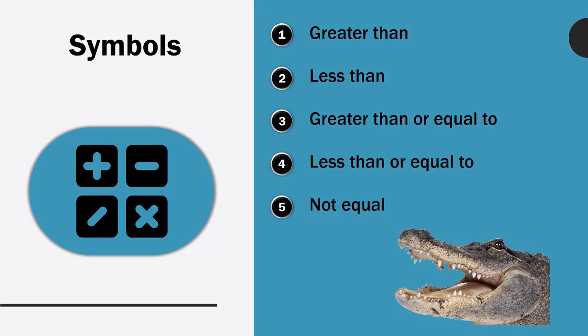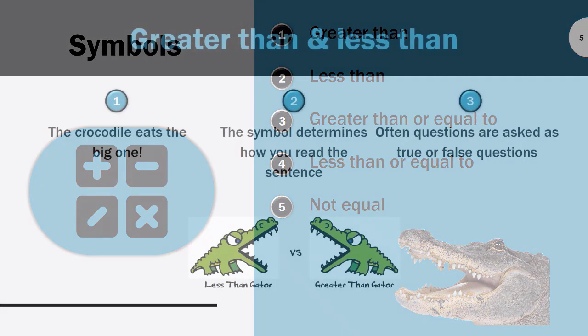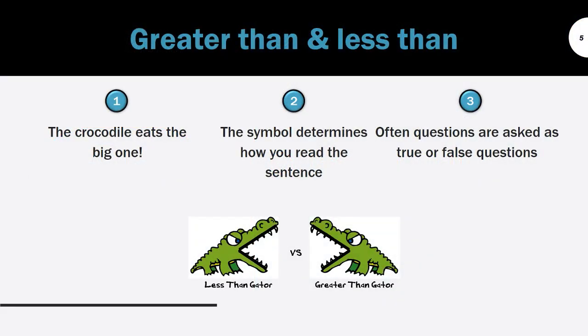We're going to look at the greater than or equal to and less than or equal to symbols, and we're going to look at the not equal symbol. So we've got 5 symbols that we need to learn, and hopefully we will understand these by the end of this lesson.